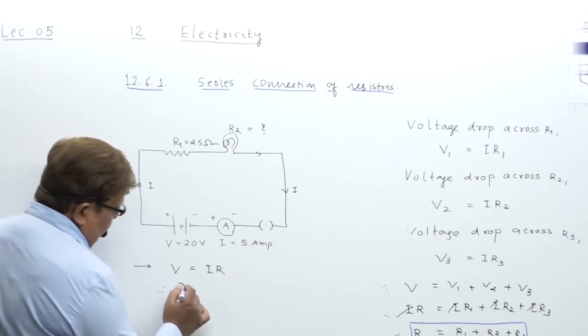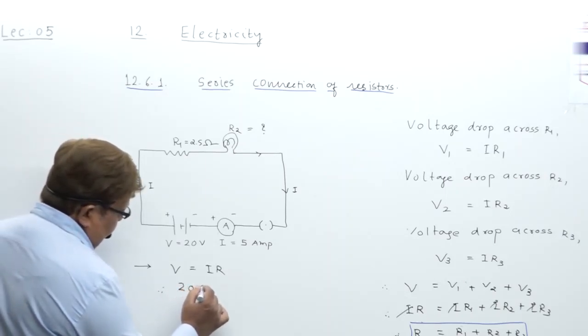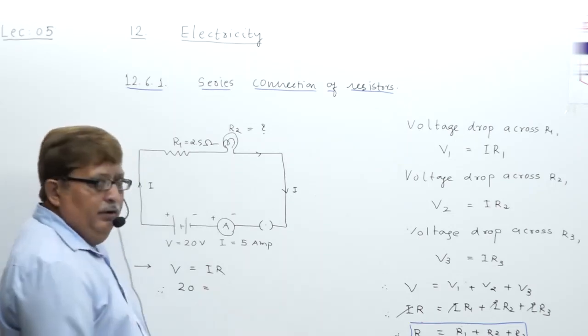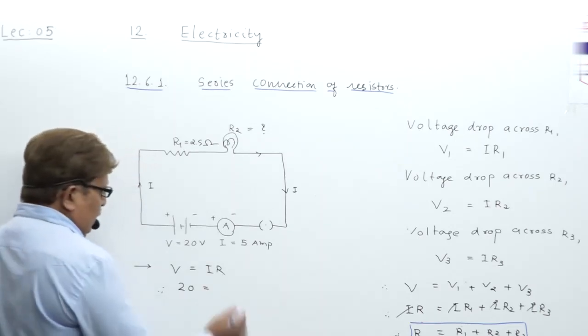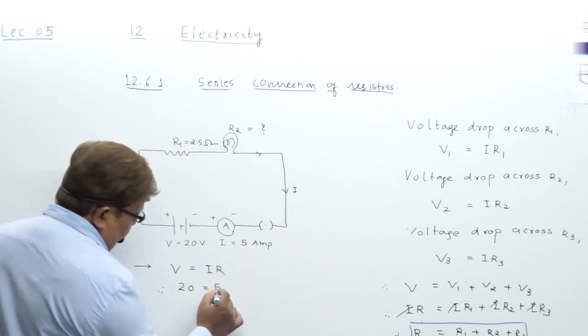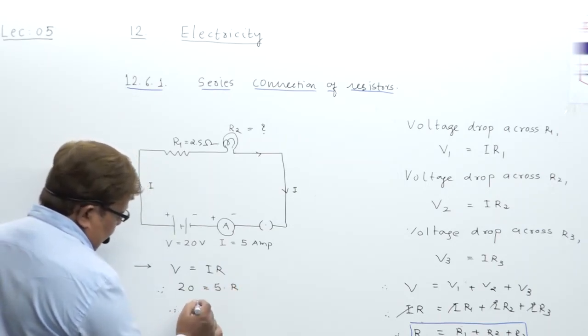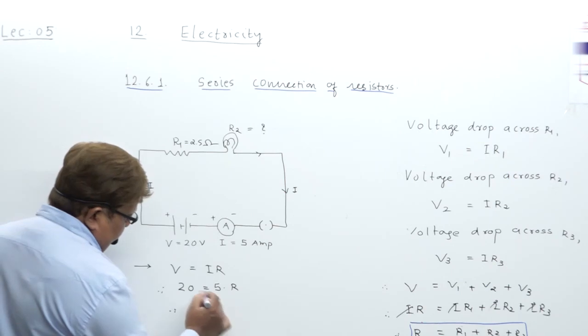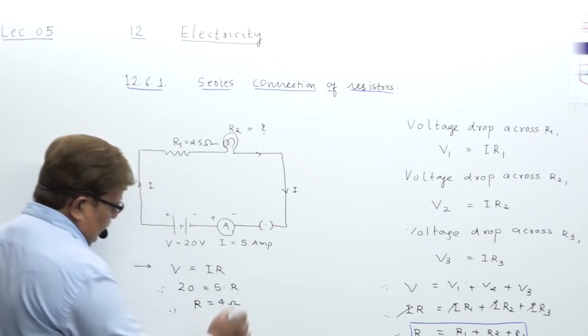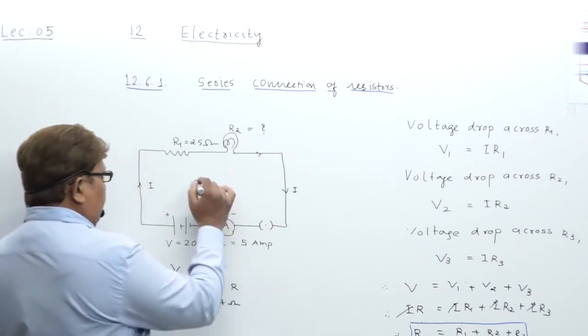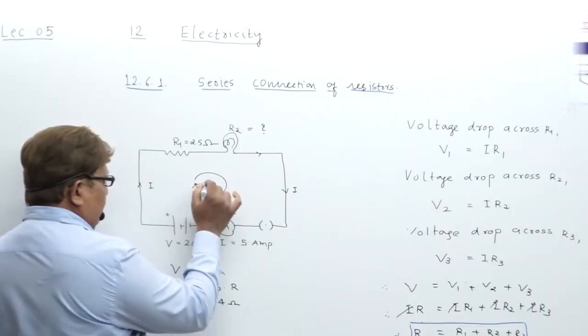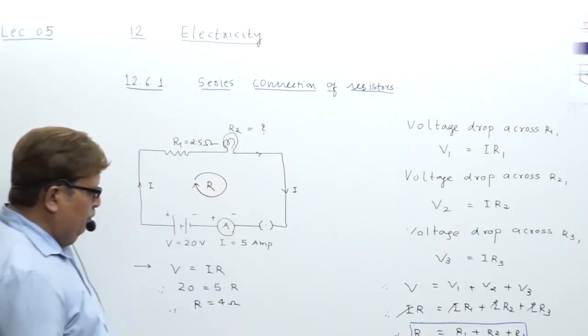What is V? 20 equals I, what is that? 5. Just cancel it. So what is R? That is 4 ohm. You got the overall resistance of the circuit, that is 4 ohm.